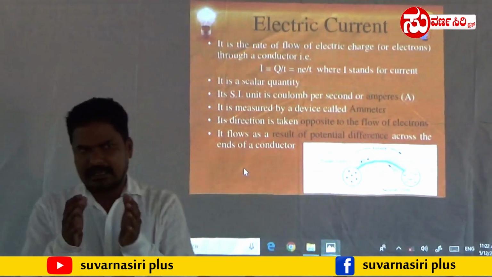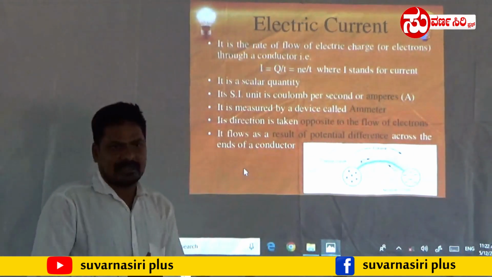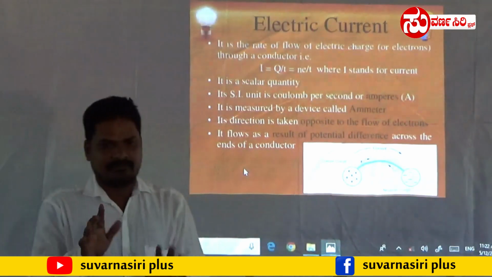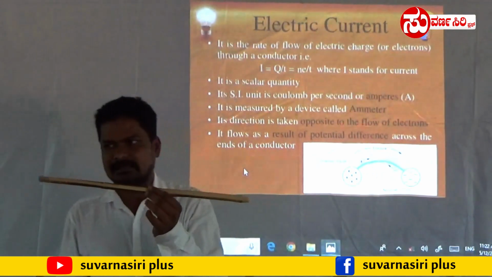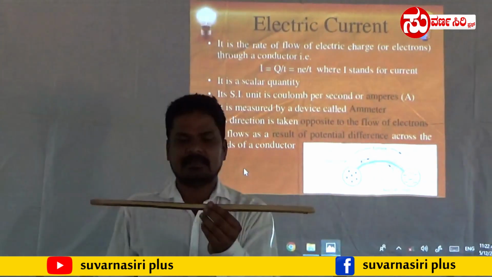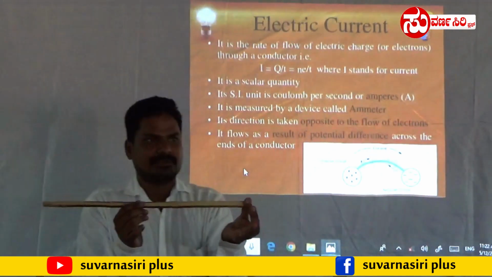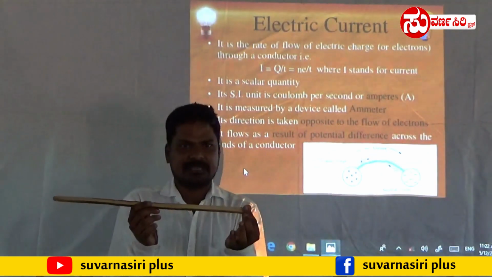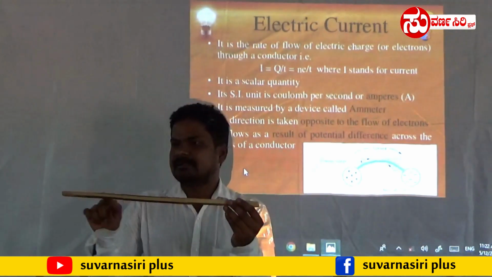So the direction of current is taken. If we consider this one conductor, it is connected to the negatively charged terminal, so electrons are moving like this.